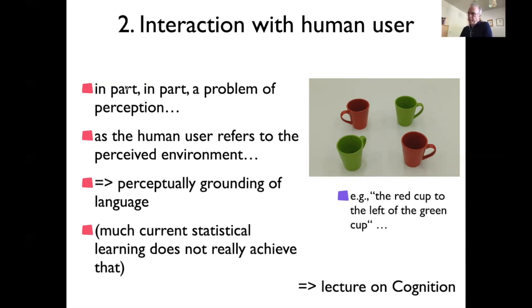And that will mean that the robot has to perceptually ground the language. And that's harder than one thinks. In my lecture on cognition, I did elaborate on this example, showing how cognitive that is, how you have to potentially test hypotheses and reject some. And there's some real understanding of world properties to do that.